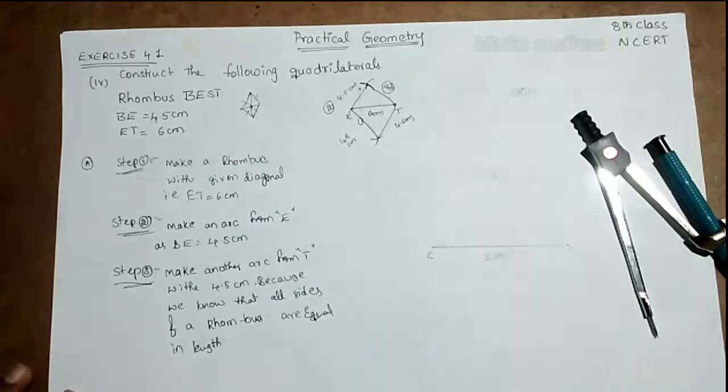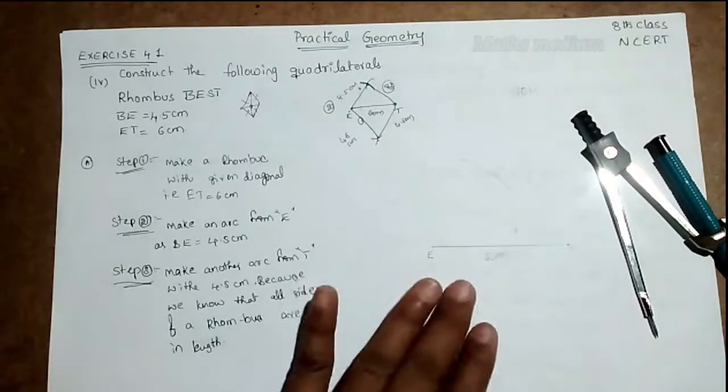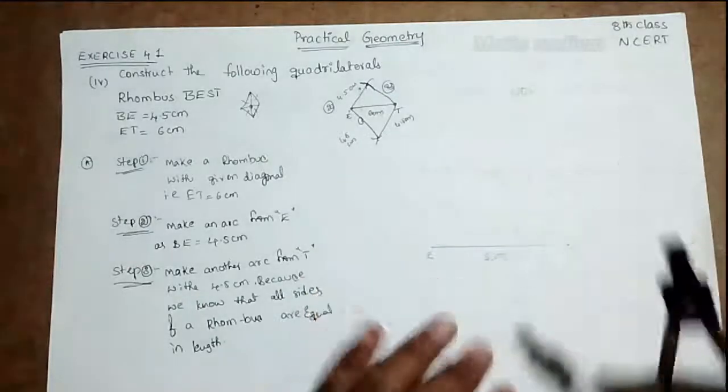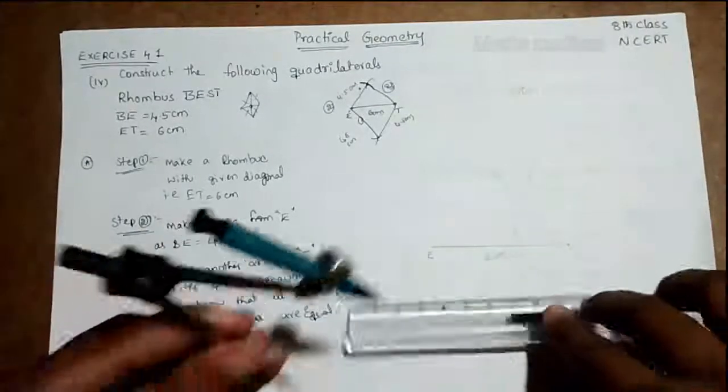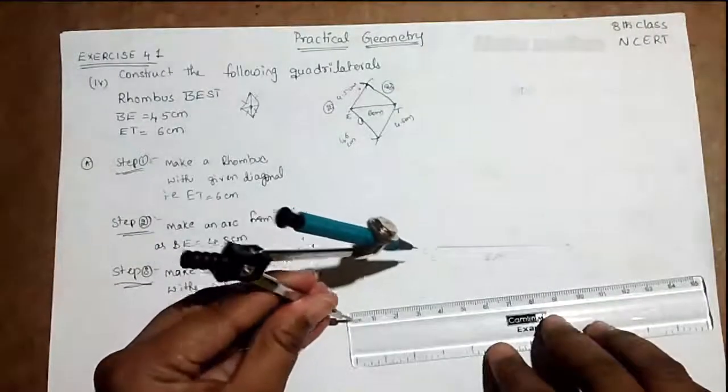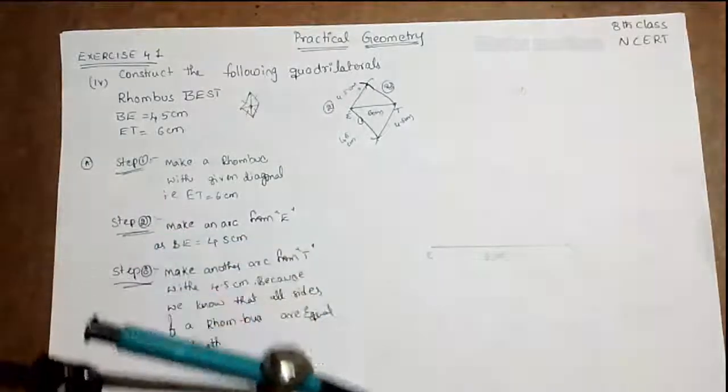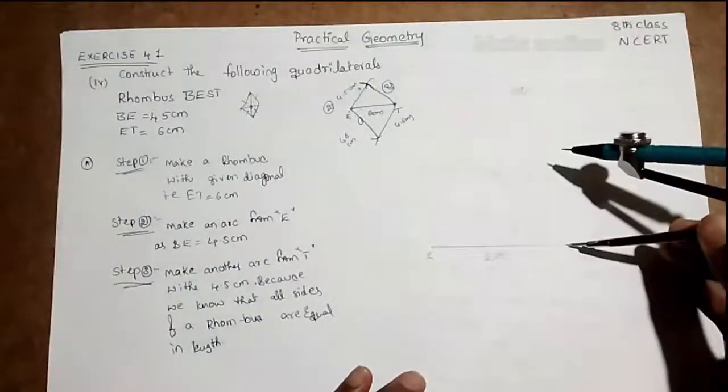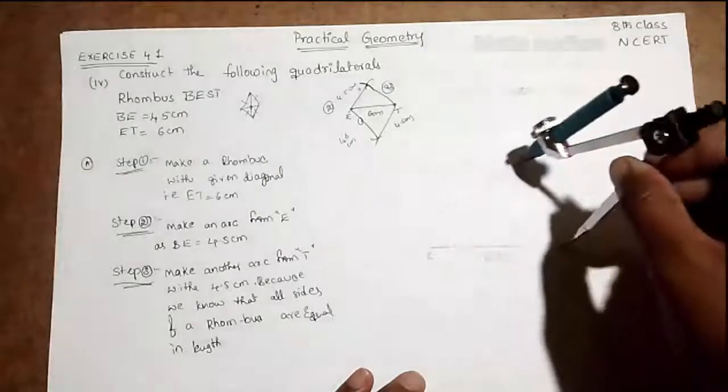Based on this property we are doing this. So let's take the same measurement. I don't disturb this. Check it, 4.5. So make another arc from T.